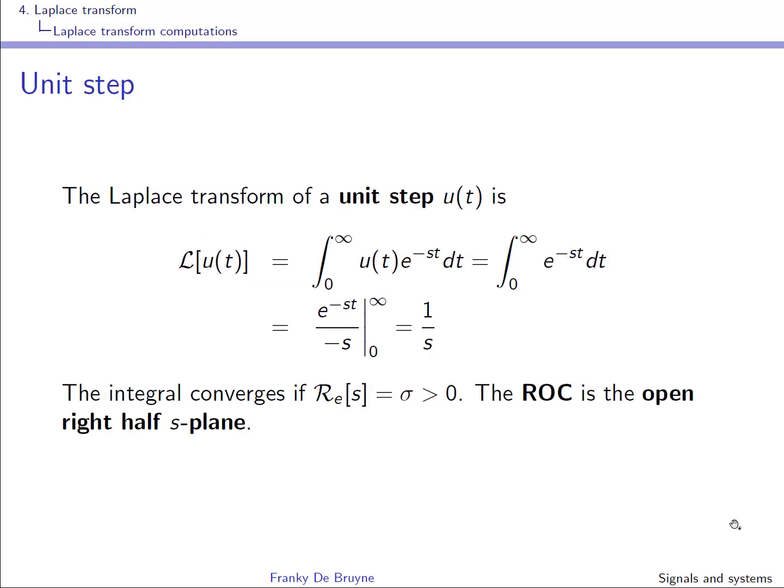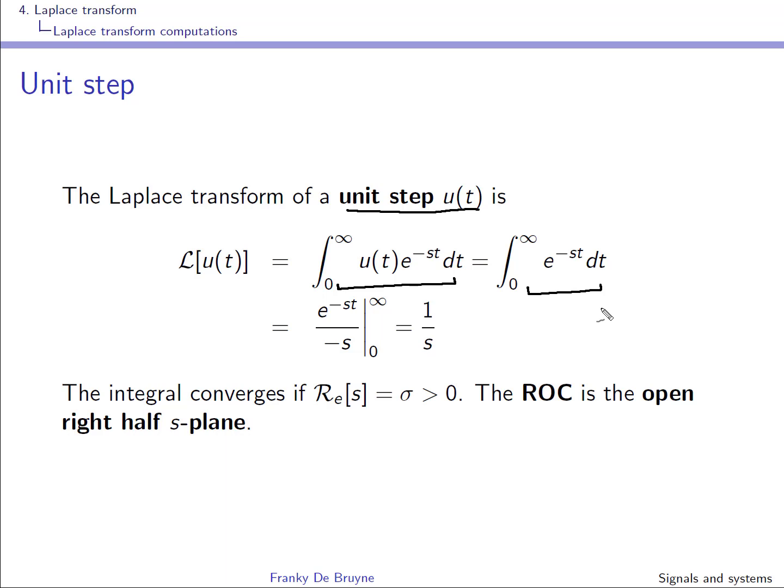So let us continue with the unit step function, or the Heaviside function. The definition of the Laplace transform is given over here. You integrate from 0 to infinity, but on this interval, of course, the unit step is 1, so you can rewrite it like this.